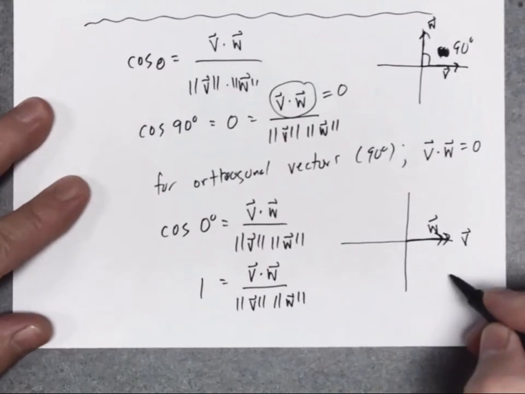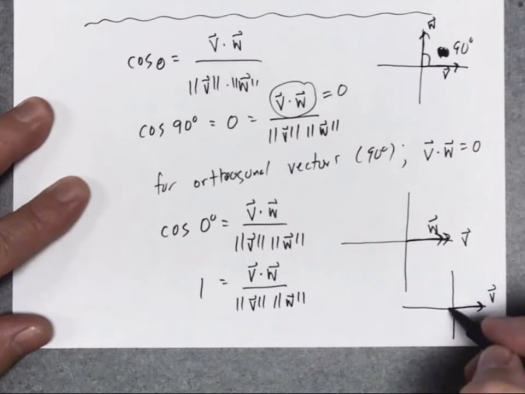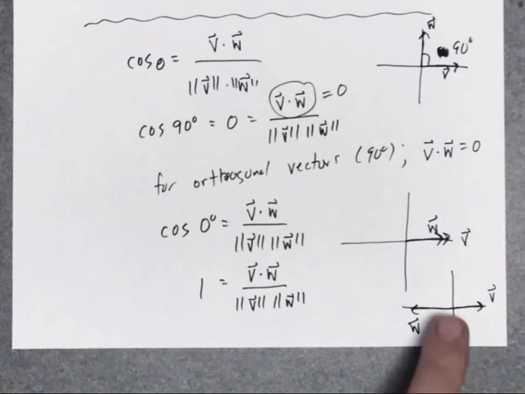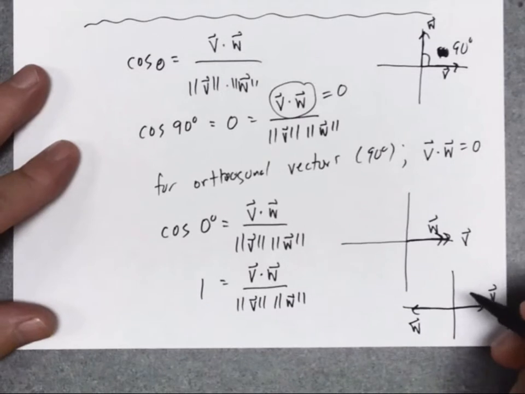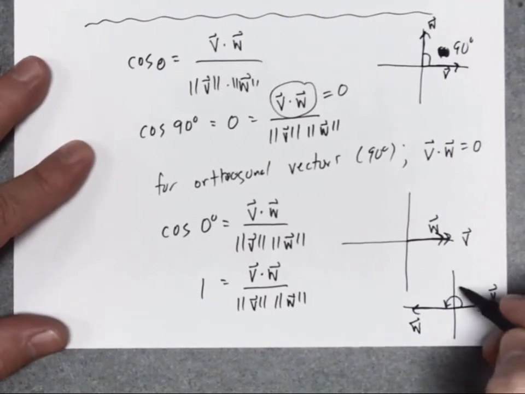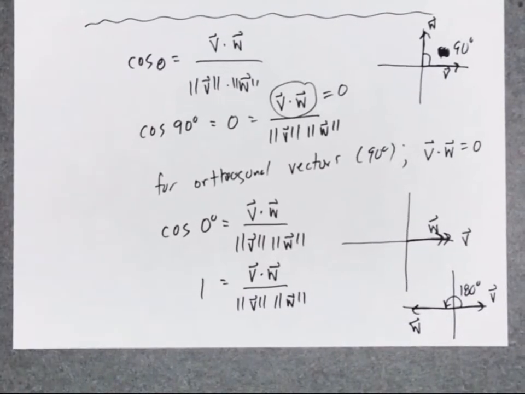What would happen if, here's my v vector, there's my w vector. We say that those two vectors are parallel, but they head in opposite directions. So what would we say the angle between these two vectors is? 180 degrees, right?